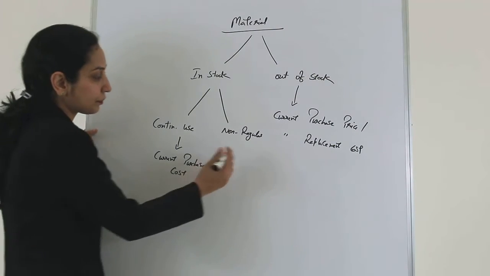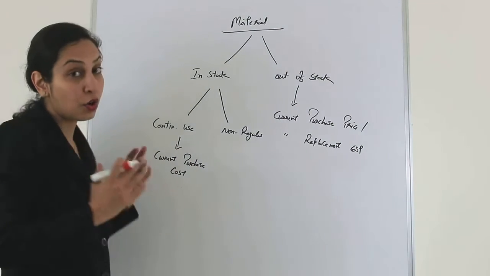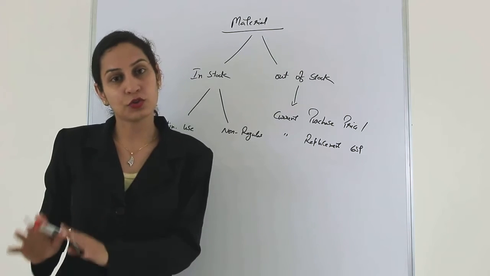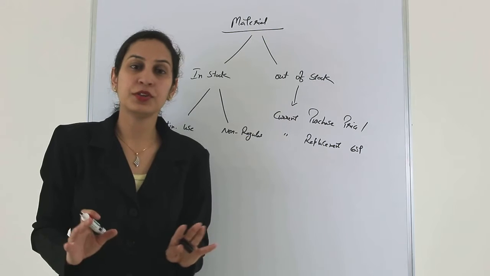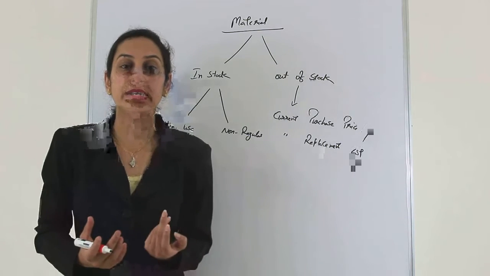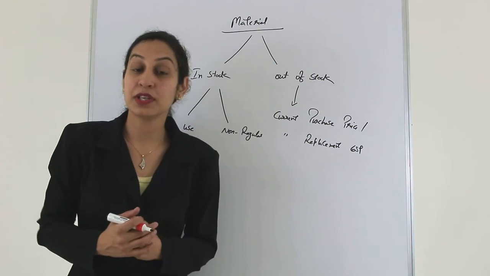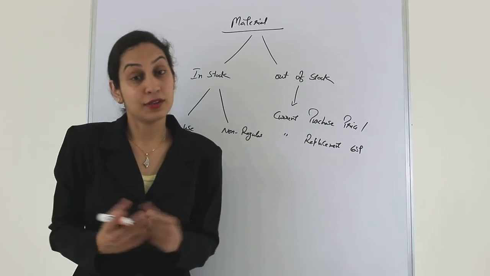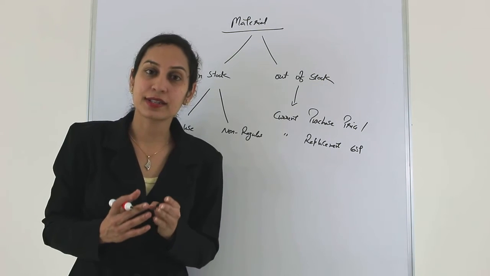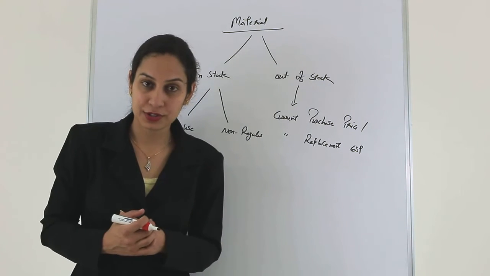Next situation. The goods are not in regular use. That means the goods were purchased and are now already there in the warehouse. Nobody uses them. In a normal scenario, what would you do with a material which was purchased and is not being used now? We scrap it. So in this case, the scrap value is an opportunity cost.